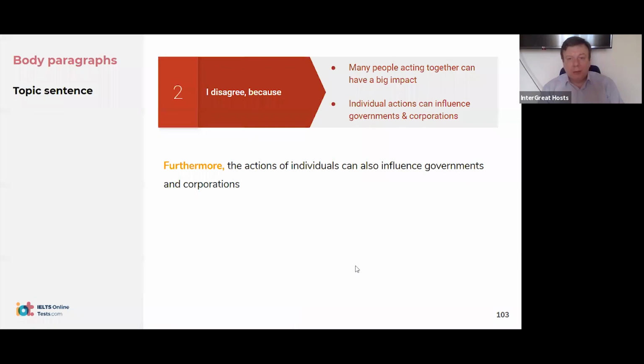The actions of individuals can also influence governments and corporations. So we'll explain. Due to the fact that people have, okay, what are we going to put in the gap there?